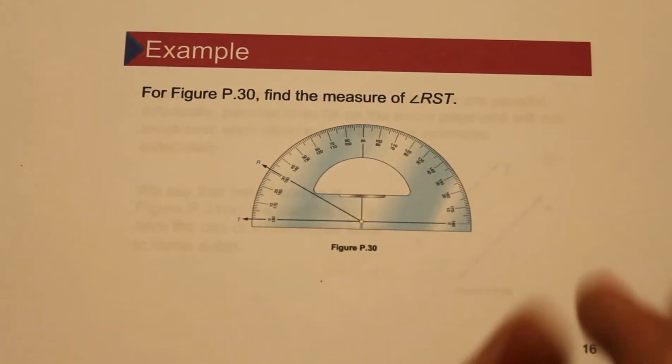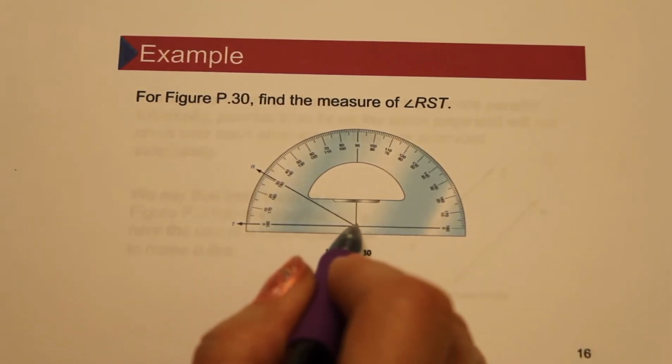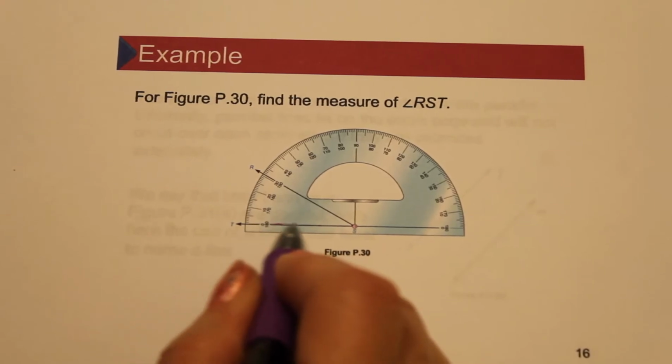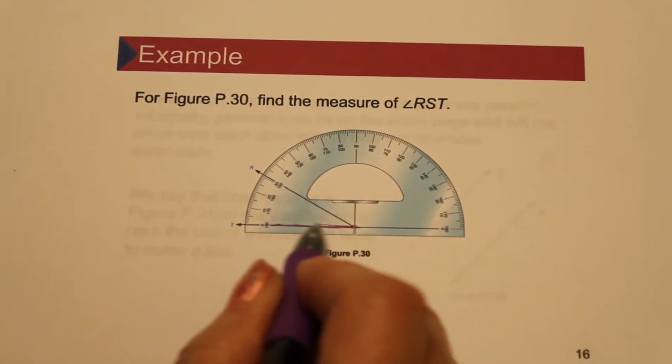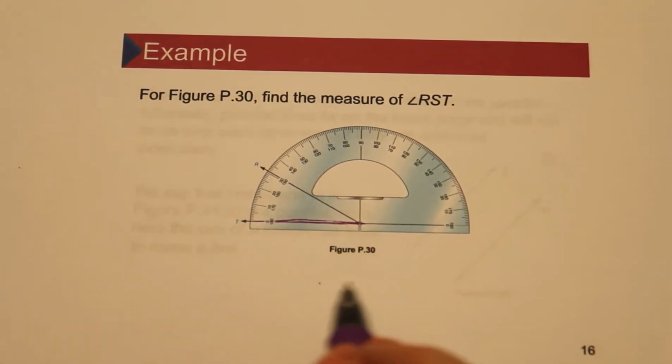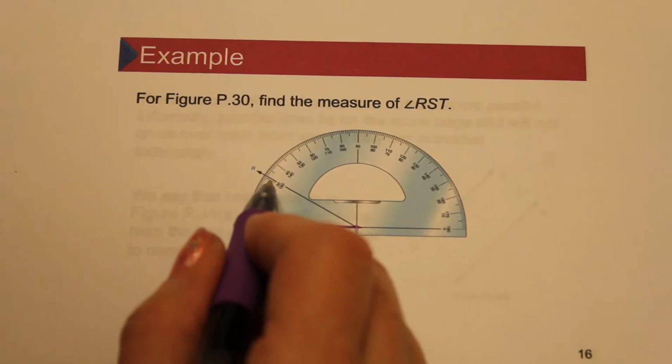All right, so here they want us to find the measure of angle RST. So we have our vertex right on our corner and our base side along the bottom. This one, the base side, goes along this line, whereas on mine it goes along the bottom of the protractor. And it looks like it's 10, 20, 30.